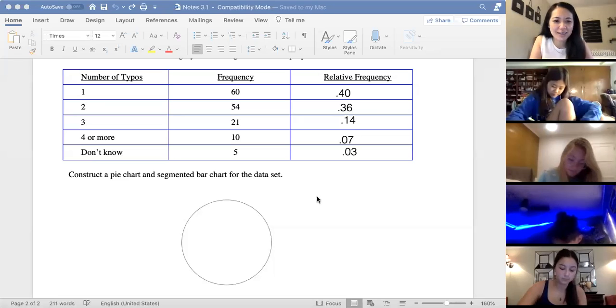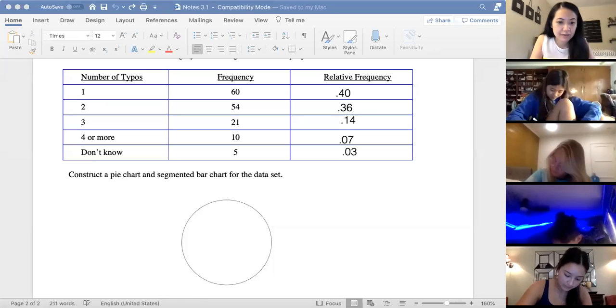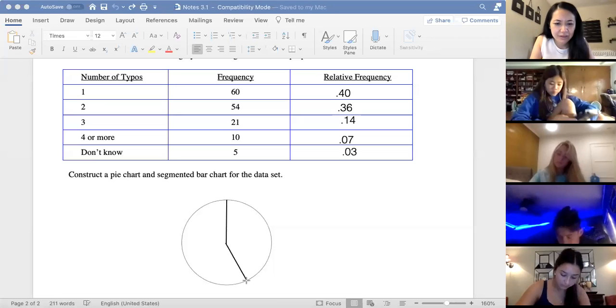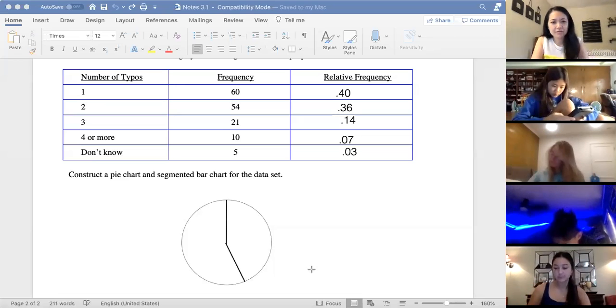Okay, so let's slice this pie up. All right, I'll start with the biggest one, 40%. So it's a little less than half. So I'll draw straight up and then a little less than half, so maybe like here.